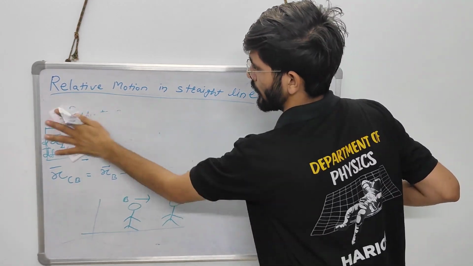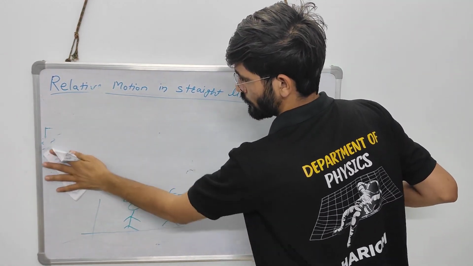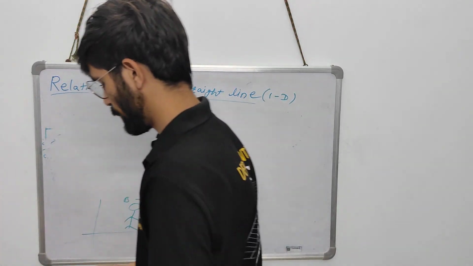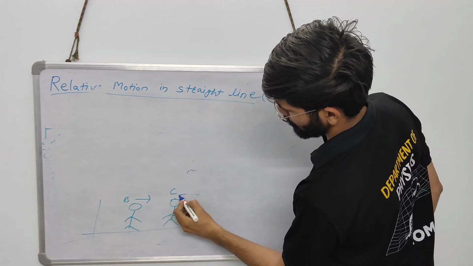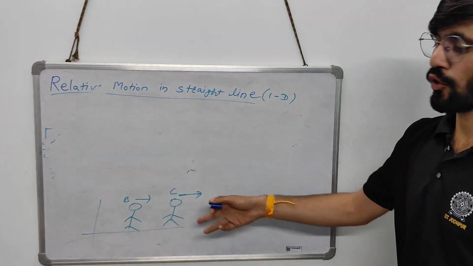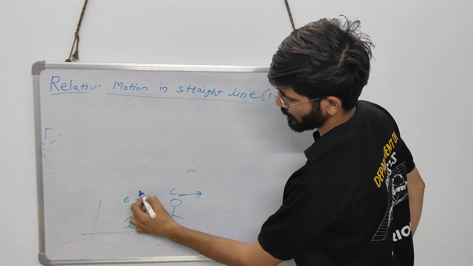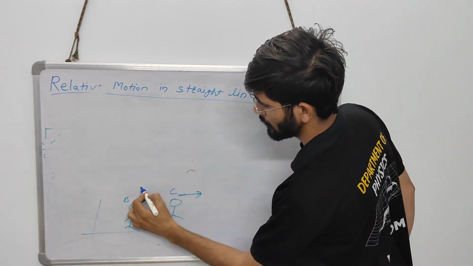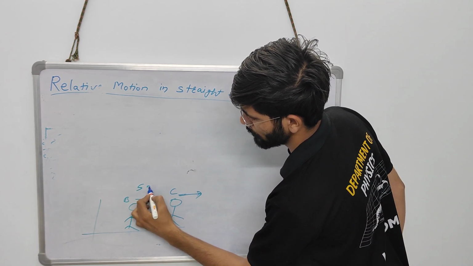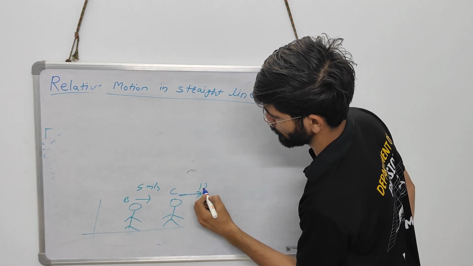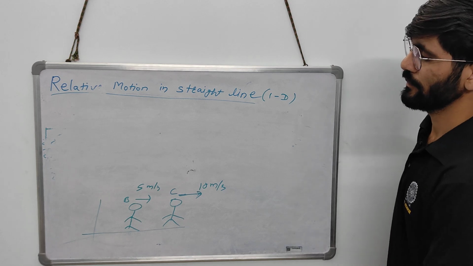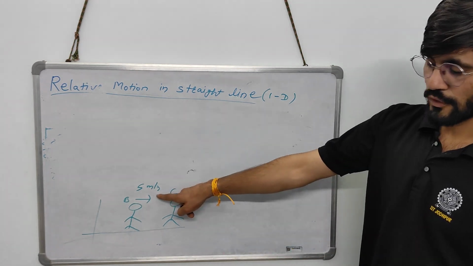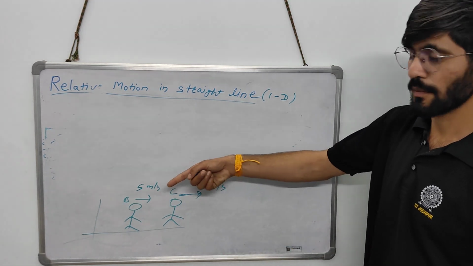Now let's take an example. Let's say B and C are both moving with some velocity in the same direction. This is moving at 5 meter per second and this is moving at 10 meter per second, and these velocities are with respect to the ground.